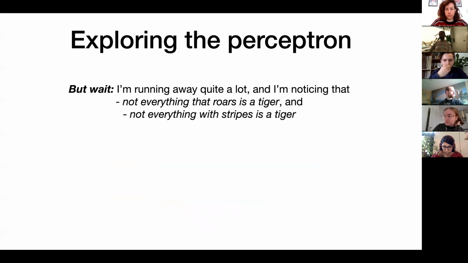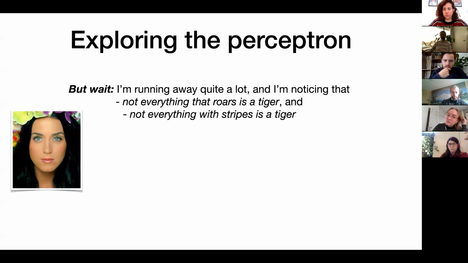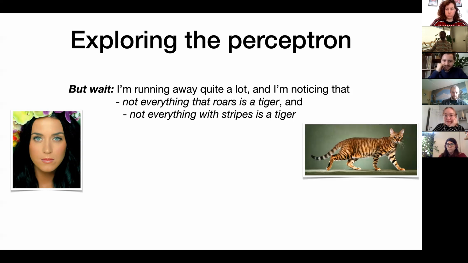Now, we were doing a lot of running, as I just said, and we're going to get tired. We're also going to notice that a lot of the times that we're running, there wasn't actually a tiger. We were making mistakes, and they were such that we found that not everything that roars is a tiger. And we also found that not everything with stripes is a tiger, right?